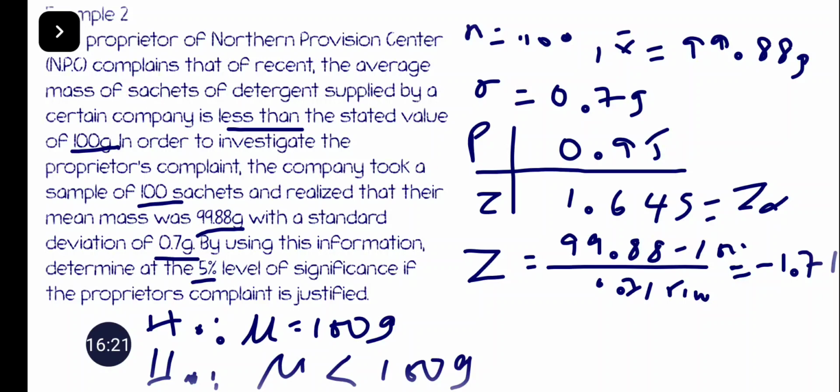Now, our critical value, being to the left, is negative 1.645. We see that negative 1.71 is less than negative 1.645, so our H0 is rejected, and we conclude that the proprietor's claim is true.